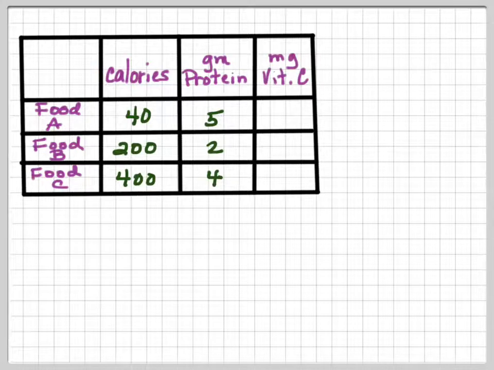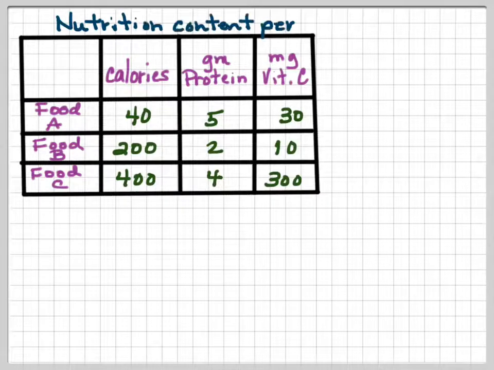As far as the protein, food A has 5 grams, food B has 2 grams, food C has 4 grams. And for the milligrams of vitamin C, food A has 30, food B has 10, and food C has 300. Now we also know that the nutritional content is per ounce of food.